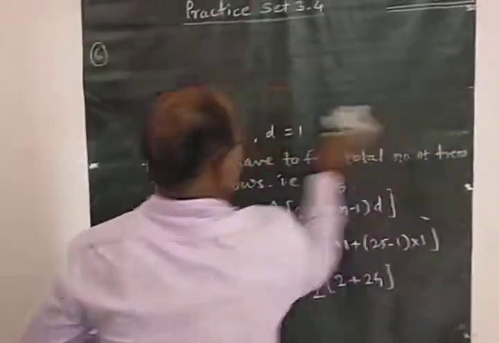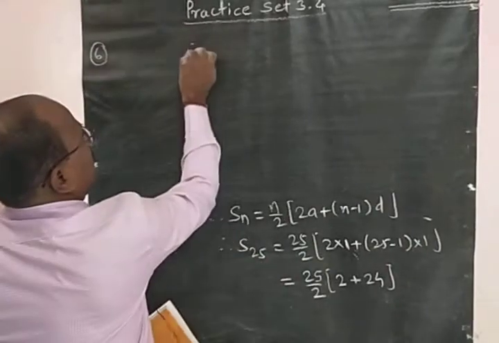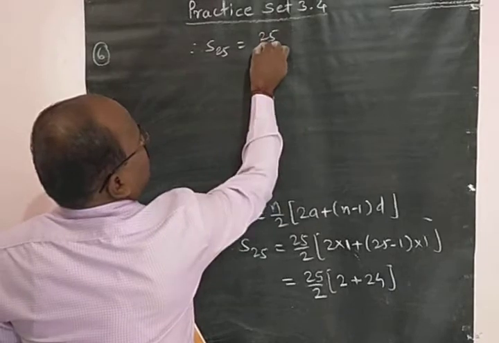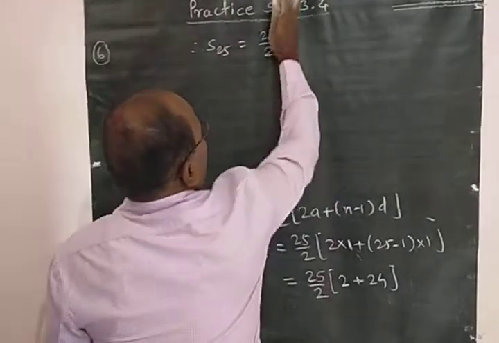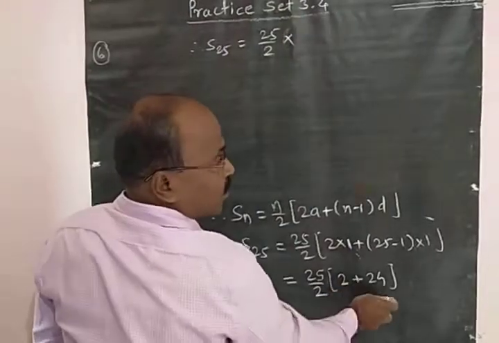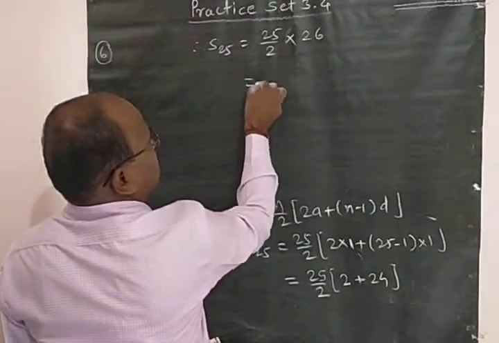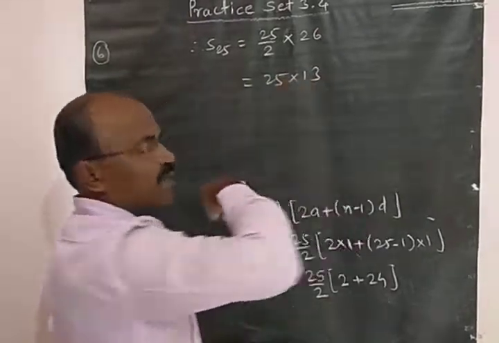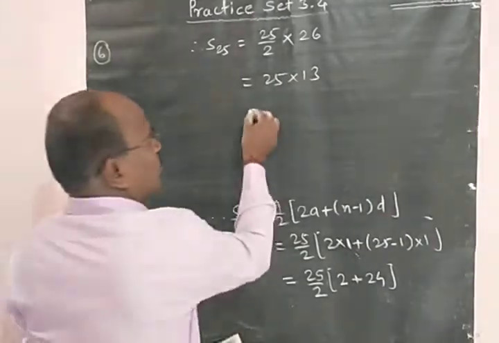So look here, S25 is equal to 25 upon 2 into how much? 2 into 1 is 2 plus 24 is 26. That is equal to 25 into 13. So here divide 26 by 2, we will get 13.